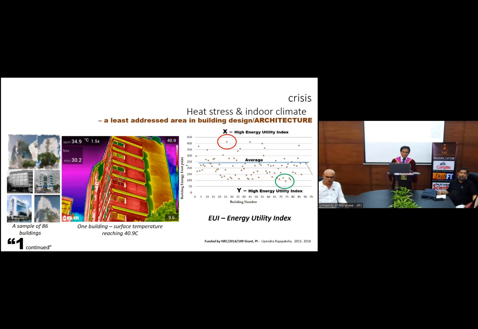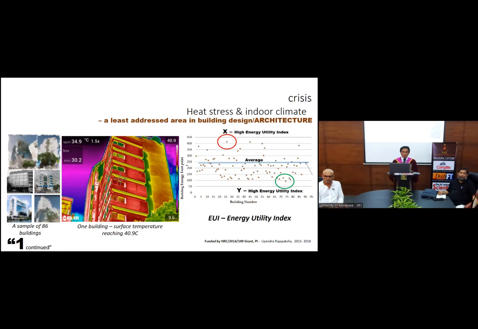And we found that for our office buildings, the average energy utility index is around 250 kilowatt hours per square meter per annum. The graph on the right shows the energy utility index levels of all these 86 buildings. And the blue line shows the average level.